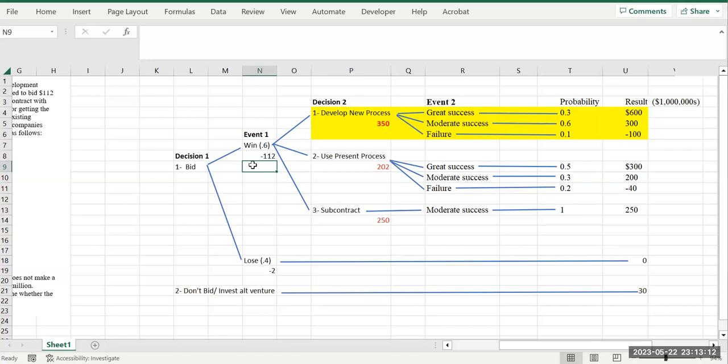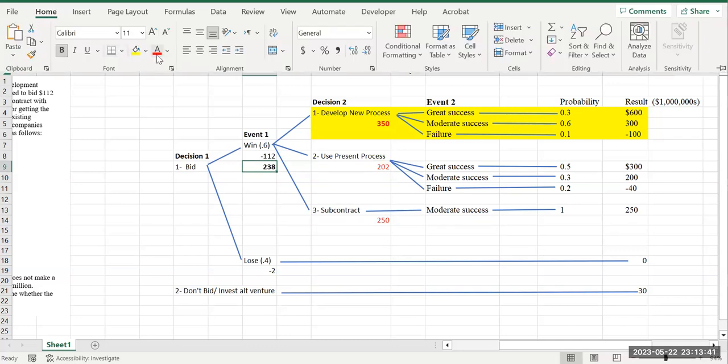So now I can just write the maximum of these three decisions, which obviously is developing the new process. We already highlighted this one. Plus the amount of money that you 100% are sure to either gain or spend. In this case, it's a negative amount that you have to spend. So this is now going to be our cash flow if we win.